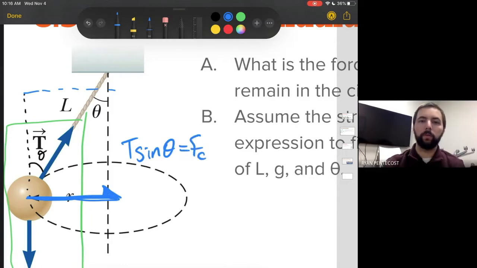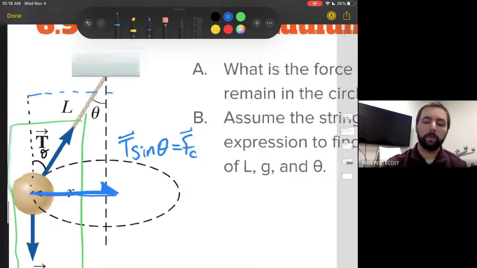Now remember, centripetal force is a force that's pointing towards the center of a circle, just the same as acceleration. Centripetal acceleration, also called radial acceleration, is just the acceleration along the radius in circular motion. Centripetal force is the force along the radius in circular motion. So T sine theta is our centripetal force.